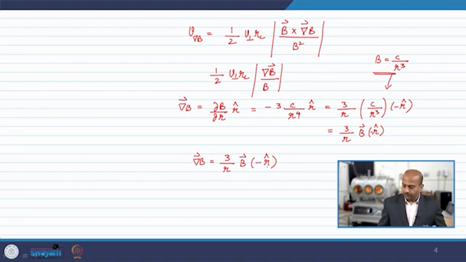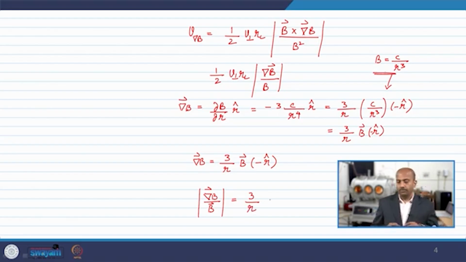Right. What have we done? We have just evaluated del b. So if we now rearrange this in terms of something that we actually need, del b by b, bringing b into the denominator, will just be 3 by r. We have gotten rid of the minus sign by using the absolute value, just the magnitude, right?